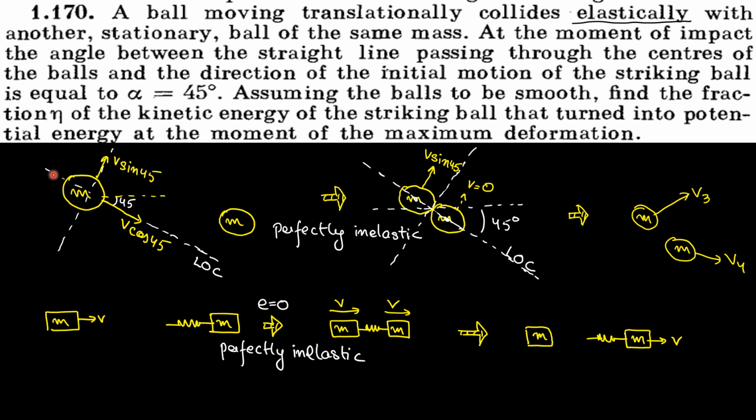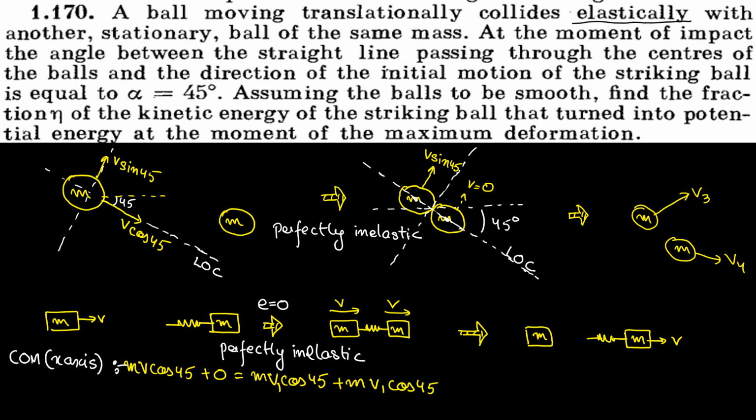So if I apply conservation of momentum along the line of collision, or the x-axis, it is mv cos 45 plus 0, since this body has 0 velocity, equal to, let the velocity after collision be v1, mv1 cos 45 plus mv1 cos 45.